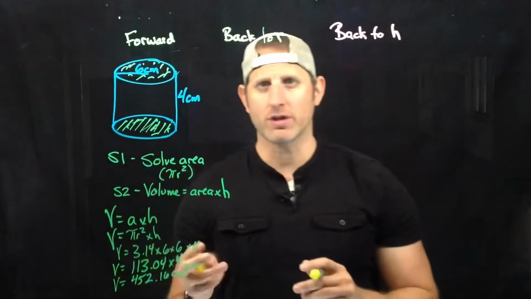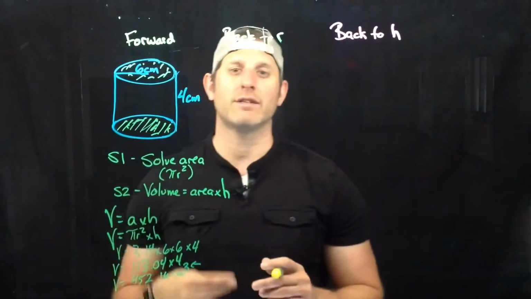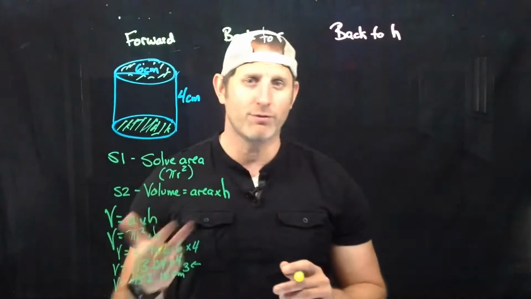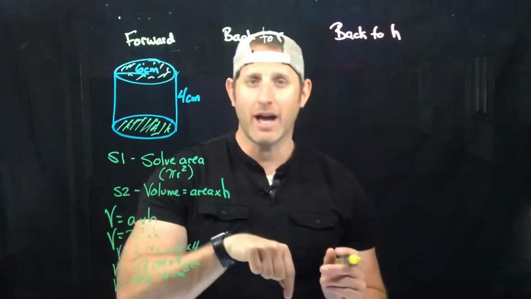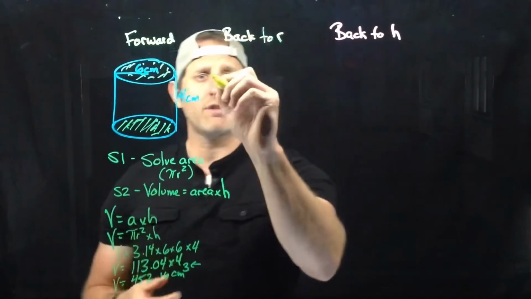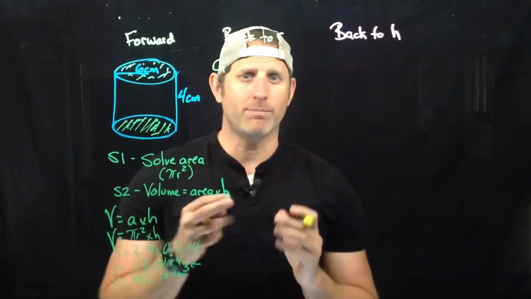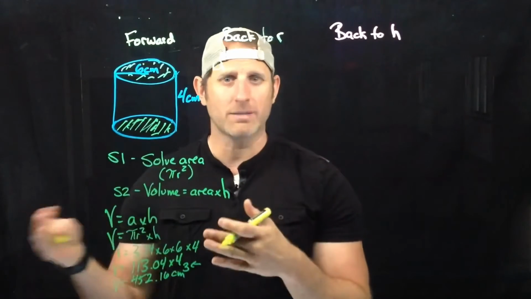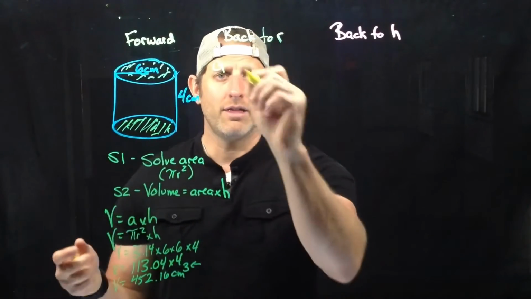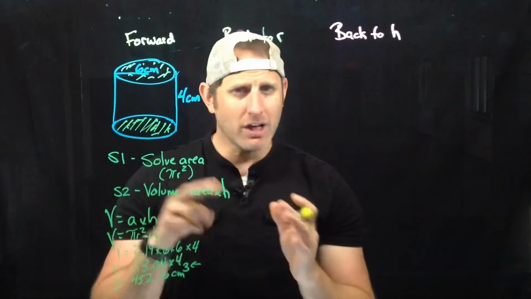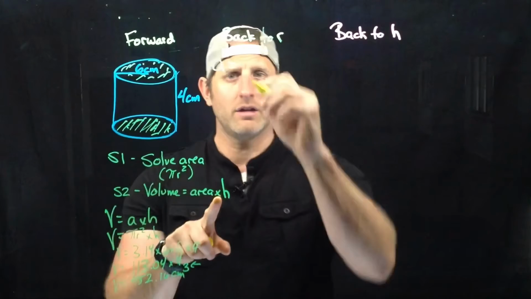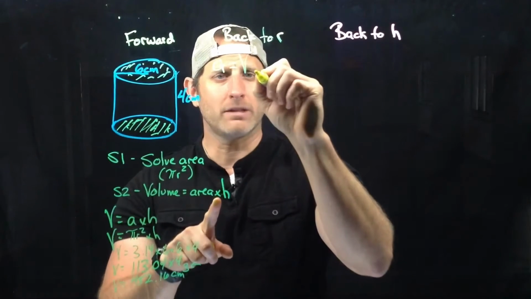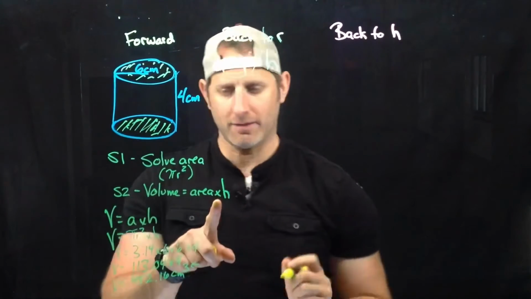First things first, if we remember that the volume formula is area of the base times the height, and we're looking for area because r is part of area, then we are going to change the formula from area times height to volume divided by height.